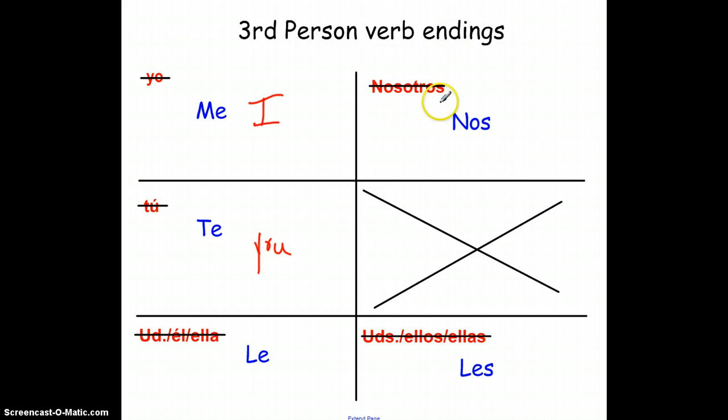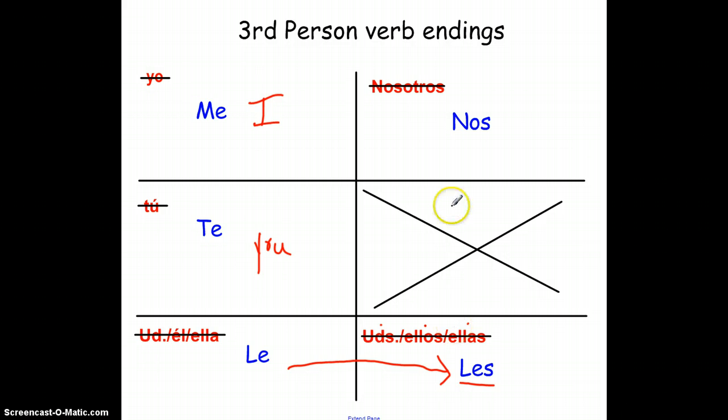Instead of using nosotros meaning we, we use nos. And then the last one, instead of using the words ustedes or ellos and ellas, we use the plural form, les. It doesn't matter if it's they, a group of guys, or they, a group of girls, as we had talked about before, or just you plural. All of these, we're going to use the word les.